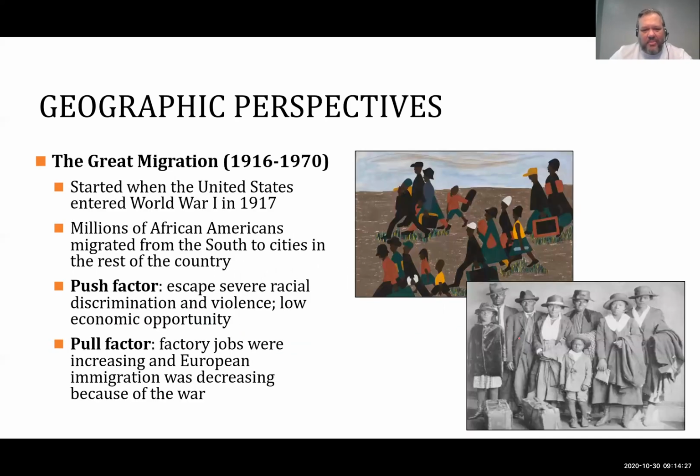So the Great Migration happened between 1916 and 1970, and this is when many African Americans moved from the South up to the North. Okay, and mostly there were two big factors. Remember, we talked about push factors and pull factors. So the push factor was to escape the discrimination and violence and the low economic opportunity. So in the South, we had the Jim Crow South. If you're familiar with that term, it was laws that were racially biased against African Americans. And so African Americans decided, let's move out of here and move up to the North.